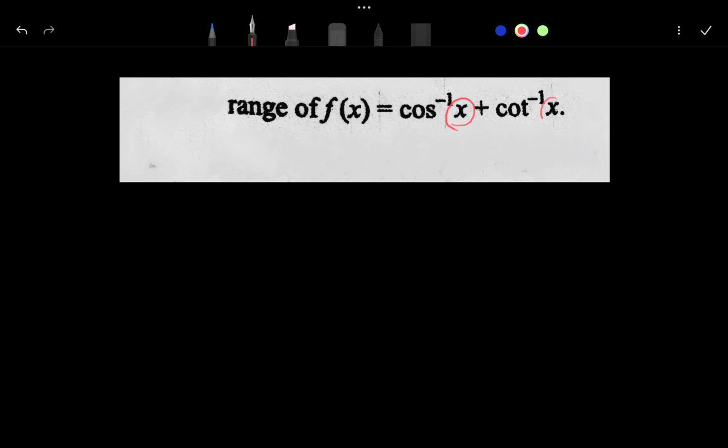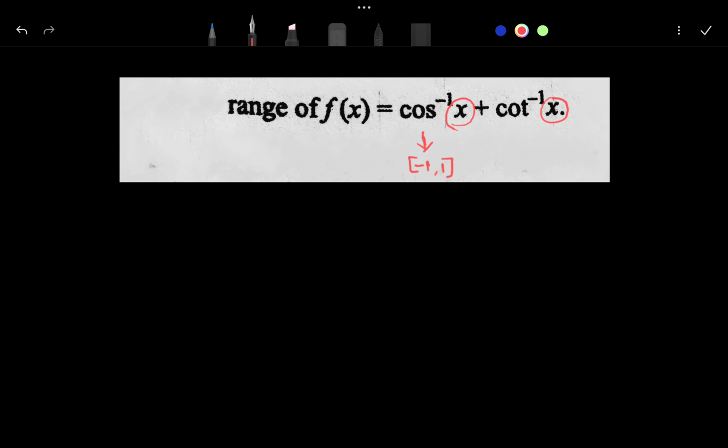So what is the domain of cos inverse of x and cot inverse of x? Now you see this. The domain of cos inverse of x will be the closed interval -1 to +1. What is the domain of cot inverse of x?